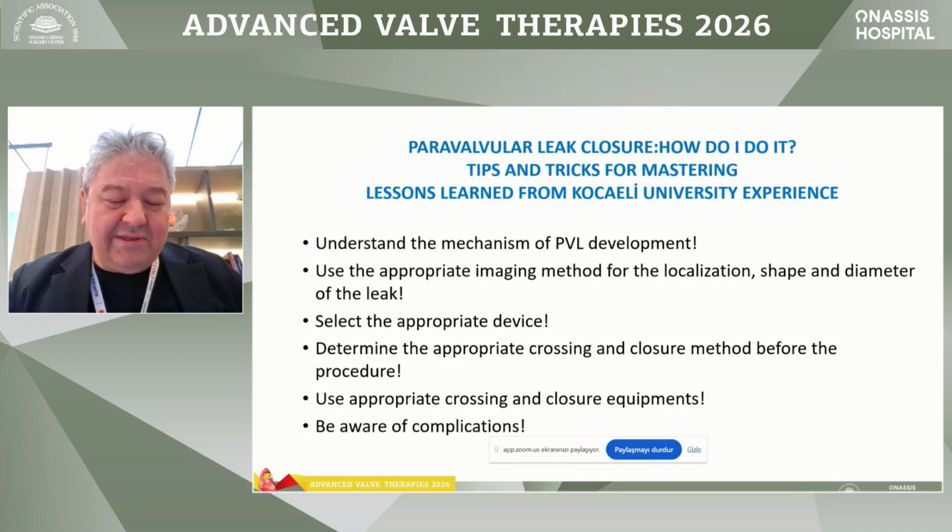So this is my last slide, Apostolos. An interventional cardiologist should first understand the mechanism of paravalvular leak development, use the appropriate imaging method for the localization, shape, and diameter of the leak, select the appropriate device, determine the appropriate crossing and closure method before the procedure, use appropriate crossing and closure equipment, and be aware of complications.